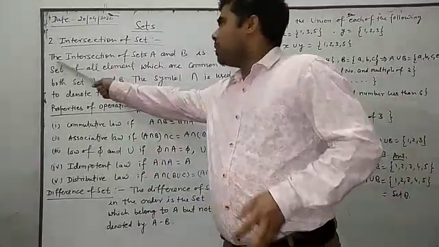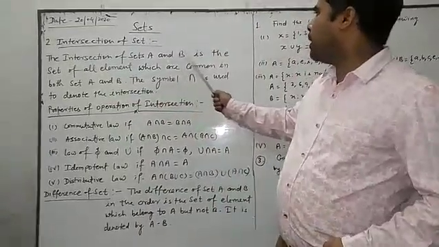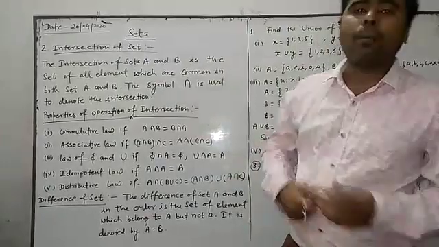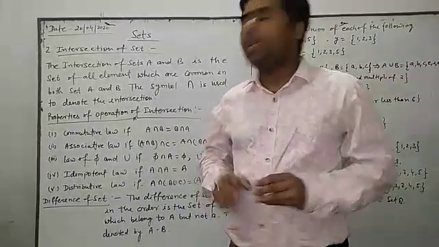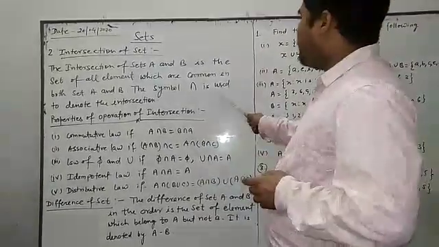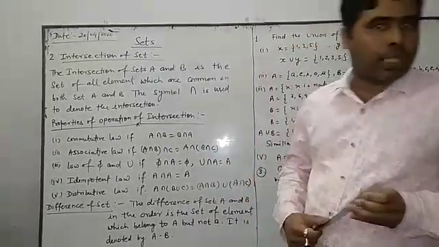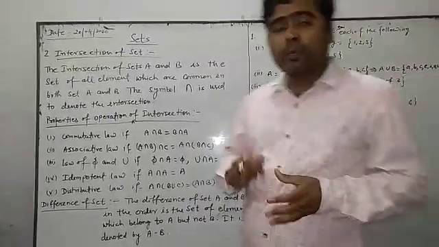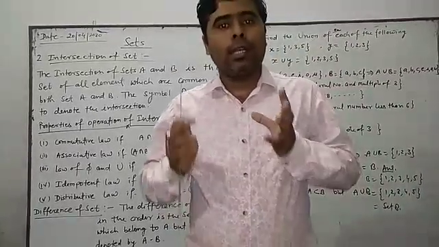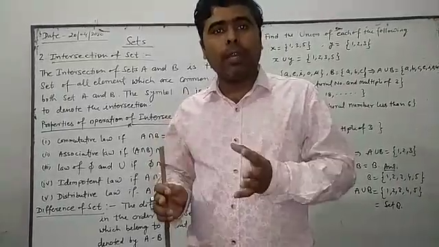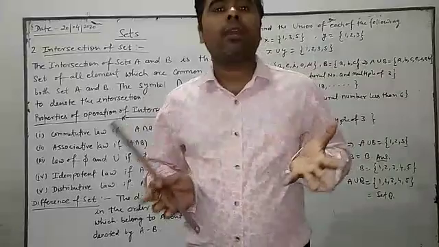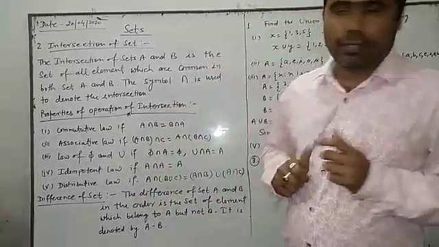The definition is: the intersection of sets A and B is the set of all elements which are common in both sets A and B. The symbol opposite of U is used to denote the intersection. It means suppose two sets A and B are given, then A intersection B will be those elements which are common in both sets. Like the HCF of two numbers, two sets.